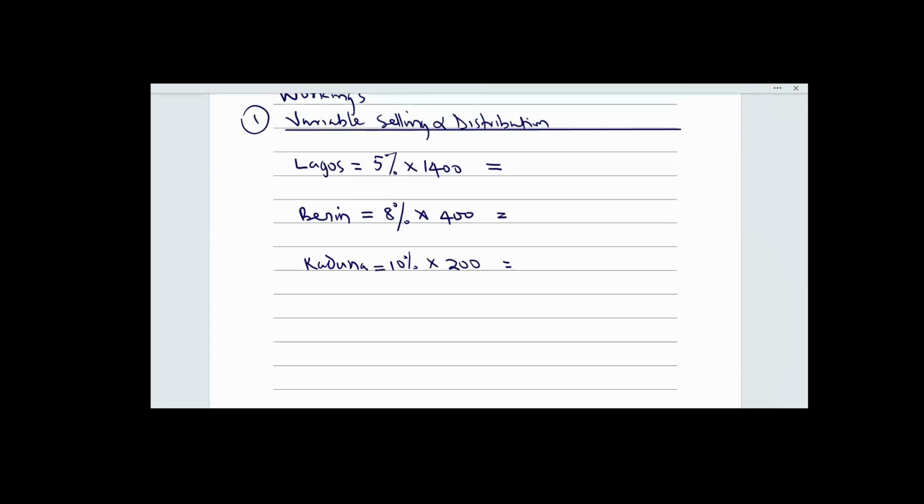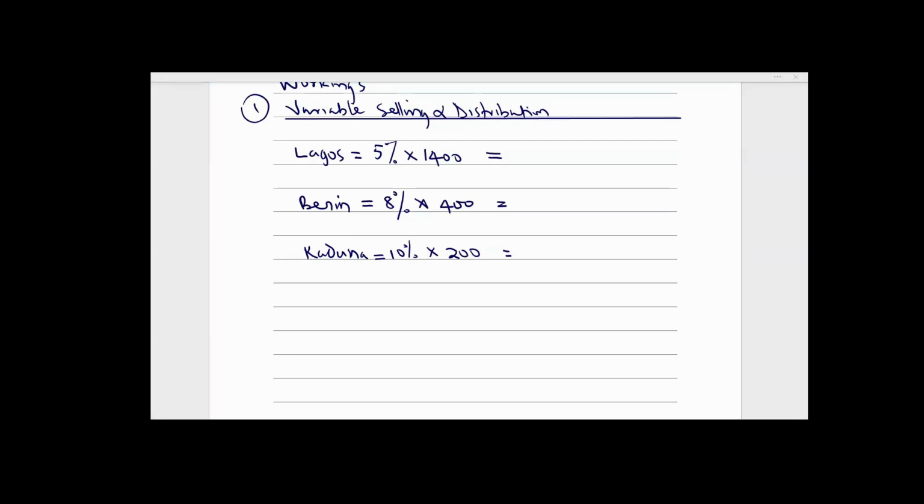Therefore, let's multiply 5%, 0.05 multiplied by 1,400 equal 70,000. 8% of 400 is 32,000. Then 10% of 200 will give us 20. So we then add it up to get the total variable selling and distribution expenses.